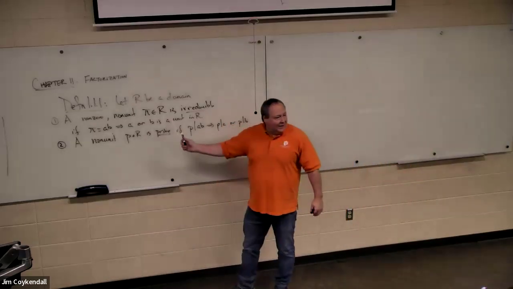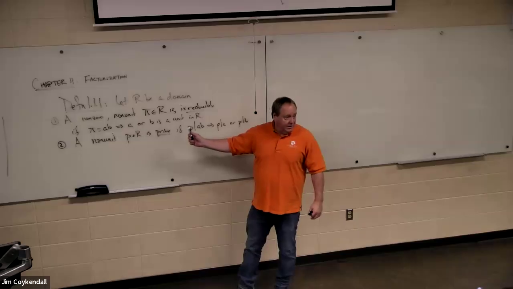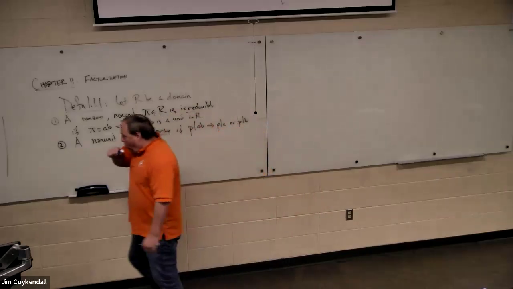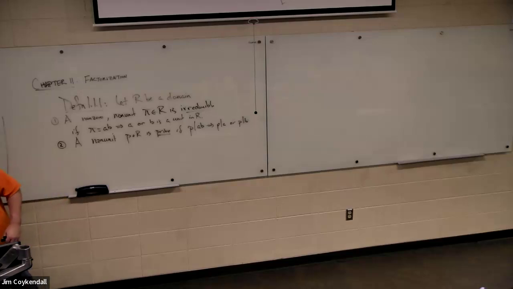These two notions are actually different. In the integers, as long as you throw out zero, these are the same. But more generally, and I'll give you some examples, it bifurcates, they can be different. So here's an example.